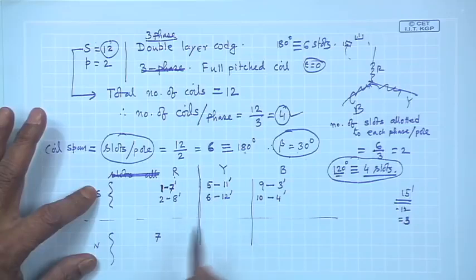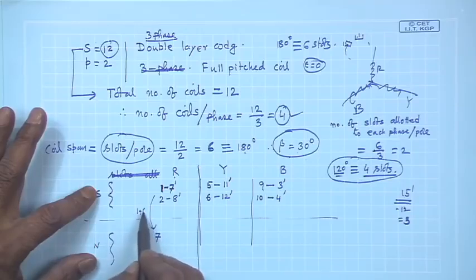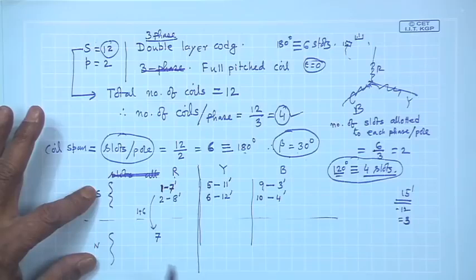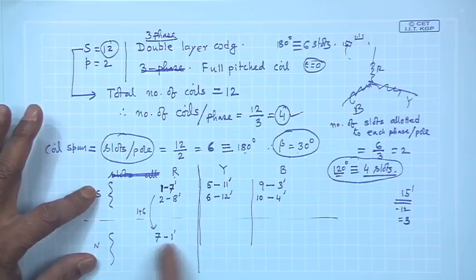Therefore, the other 2 coils must begin from 1 plus 6, that is 7. And once you get this number, no looking back. Coil is full pitch, so it should be 13 dashed, but 13 dashed is not there, it should be 1 dashed. Subtract 12 from 13, it will be like this, and allot 2 consecutive coils to R phase, and then it should be 8 2 dashed like that.